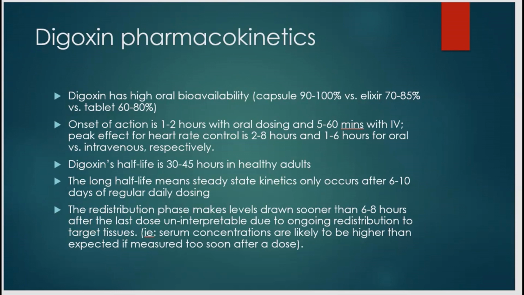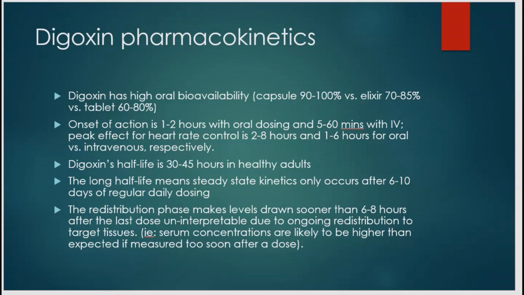Half-life of digoxin is really long. It's about 30 to 45 hours in healthy adults. Now, if you have a patient with kidney disease, you should expect that the half-life will be prolonged. The long half-life means also steady-state kinetics only occurs after 6 to 10 days.